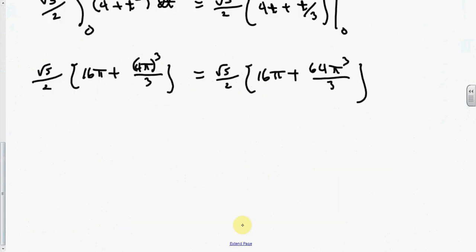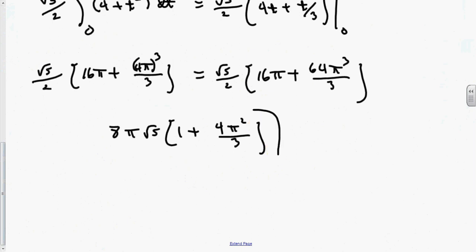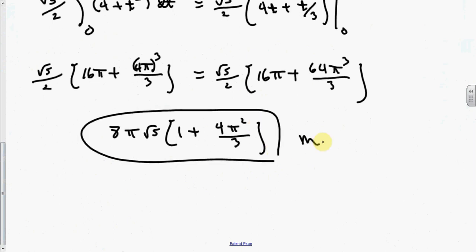You could simplify and factor out 16 pi, if you will. 16 pi taken out leaves us with 8 pi times the square root of 5 times 1 plus 4 pi squared over 3. And that becomes the calculation for the mass.